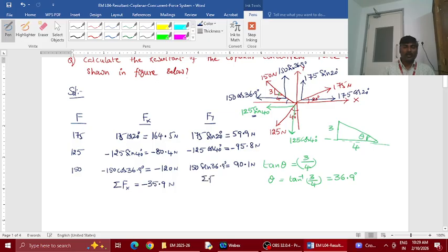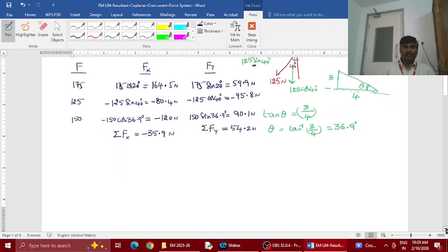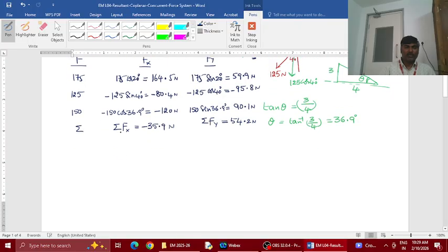Similarly, the summation of y components works out to be 54.2 Newton. This is sigma Fx and sigma Fy. Now you plot them.